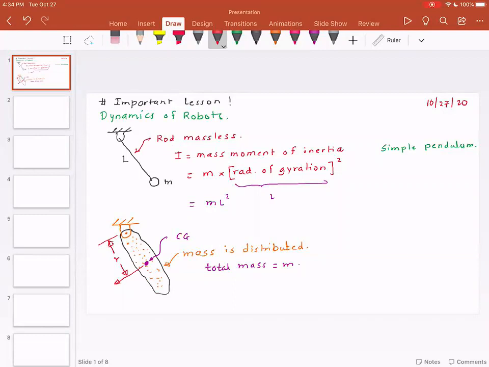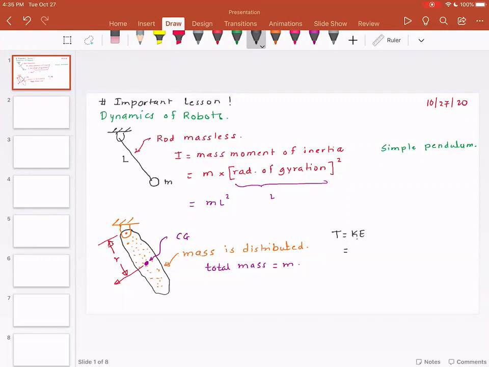So I'm going to use the Lagrangian approach. What we do in the Lagrangian approach is first we find the kinetic energy, and then we find the potential energy.